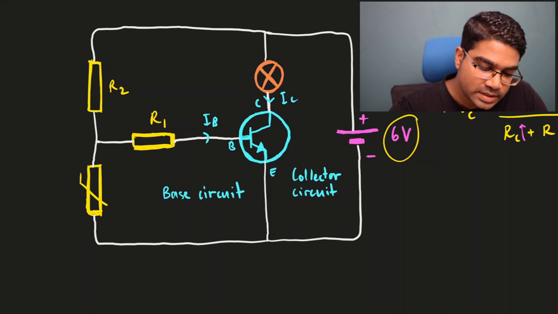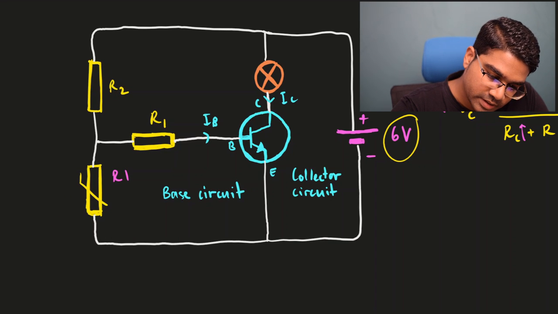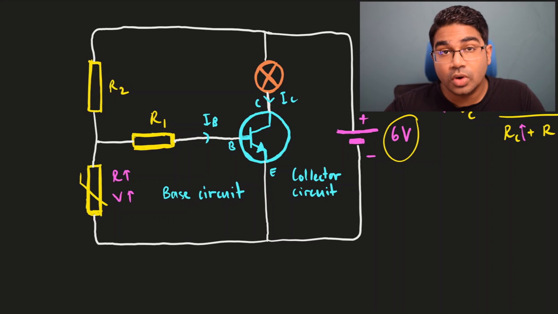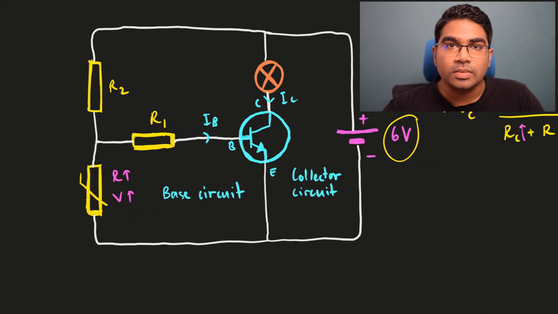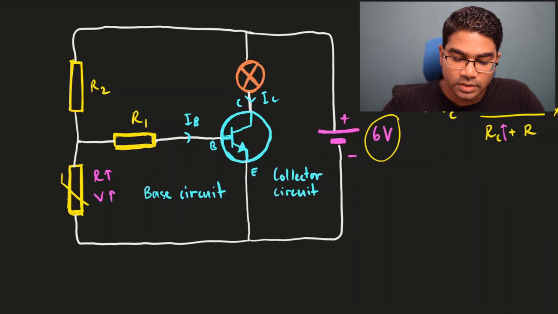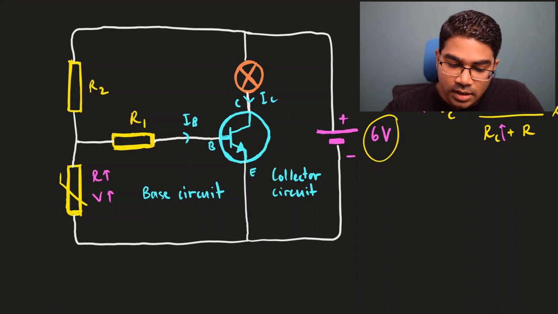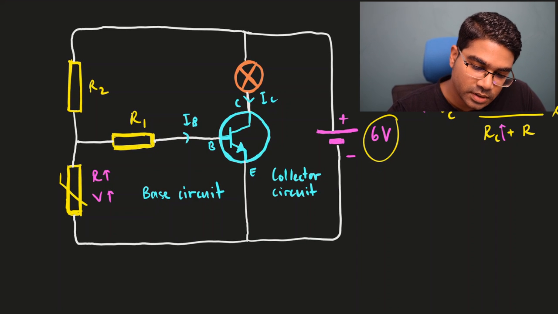The bulb will not turn on because there will not be enough current in the collector circuit. When it is cold, the resistance of the thermistor is going to increase, and therefore the potential difference across the thermistor will also increase. Now in this case, the base circuit will have a large current, so the base current will be high, and therefore the collector current will also be high, and the bulb will turn on because there is enough current flowing through the bulb.